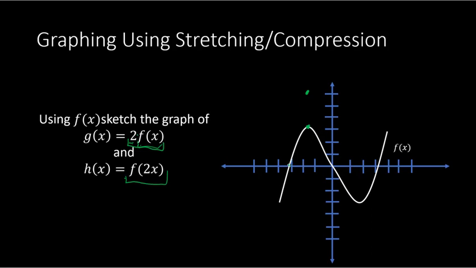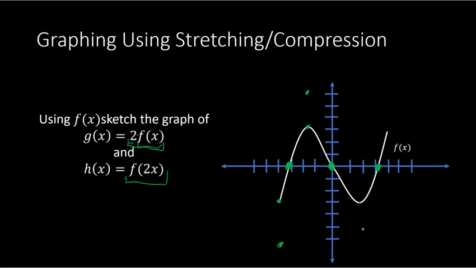All right, your y values that are at 0 are going to stay where they're at. So this point here, this point here, this point here would all stay where they're at. And then this point here at the end, that was at negative 3. Multiply that by 2, and that would take you down to negative 6, which is down here.